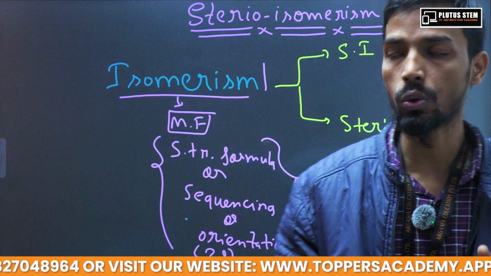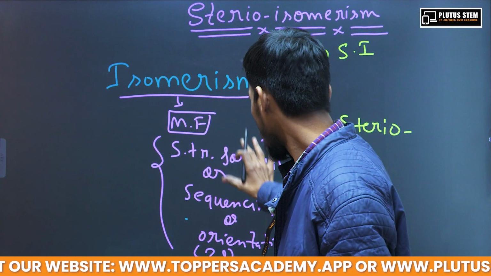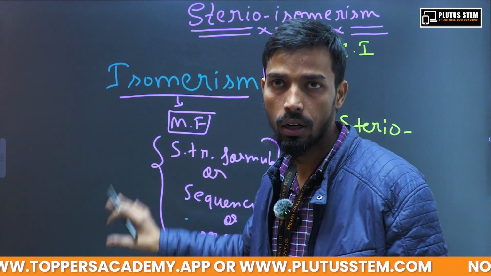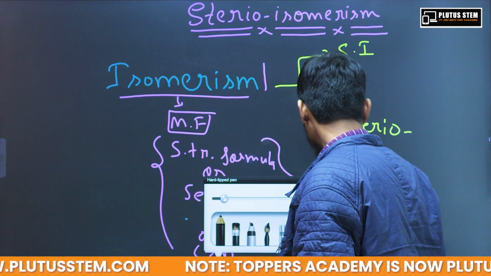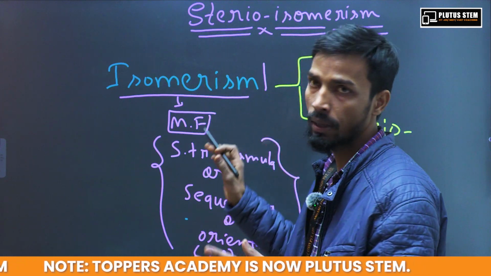So here we are going to see that this is not a general rule; these are the properties we are going to see. So what is the basic thing regarding isomers?